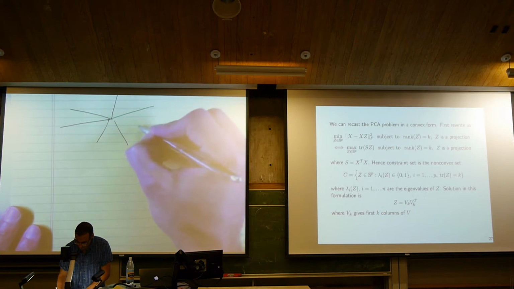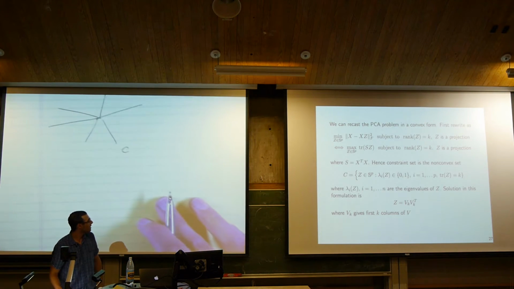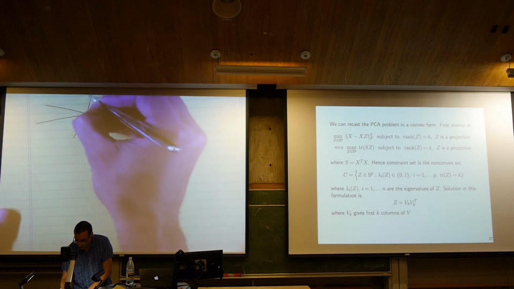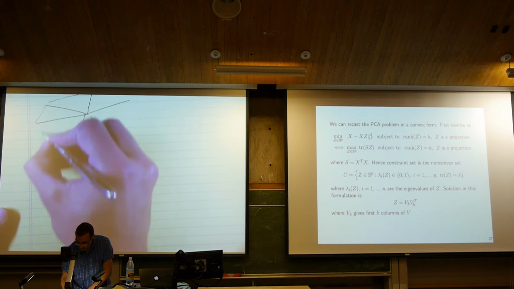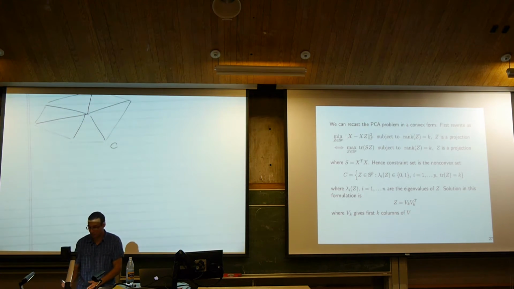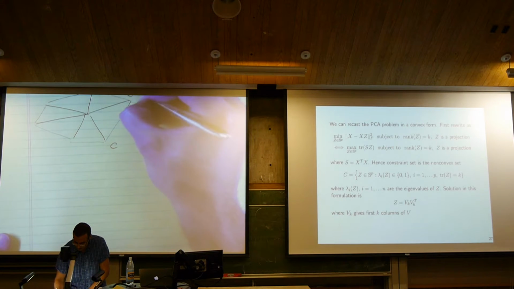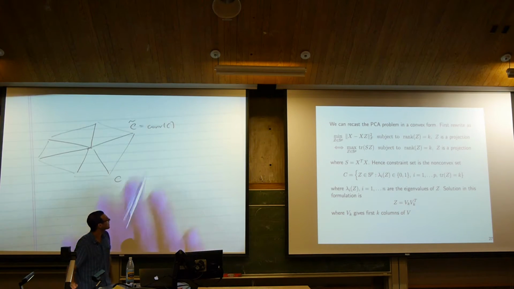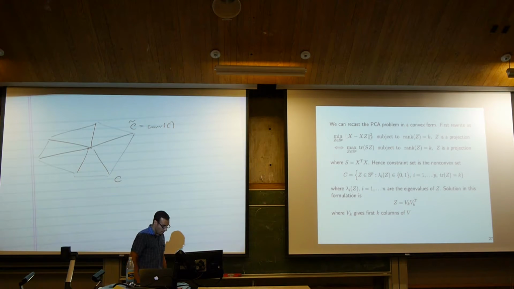This might be C. And we're going to replace C by a bigger set that's convex. What's the smallest convex set containing C? It's the convex hull. So we're going to take C tilde to be the convex hull of C, and we're going to try solving the problem over this convex hull instead of C itself, and see what that problem looks like.